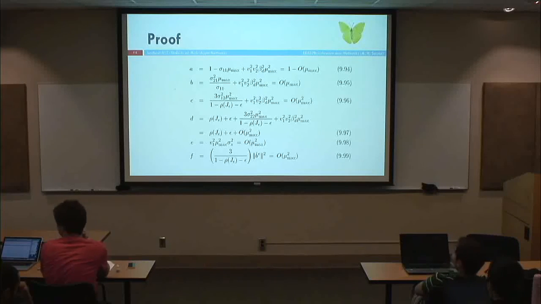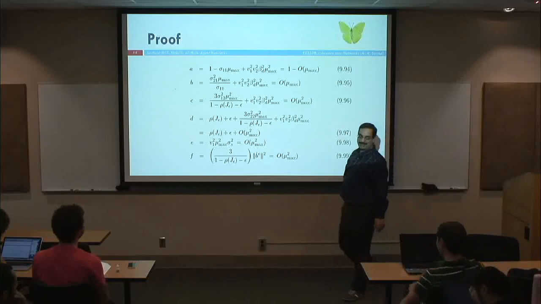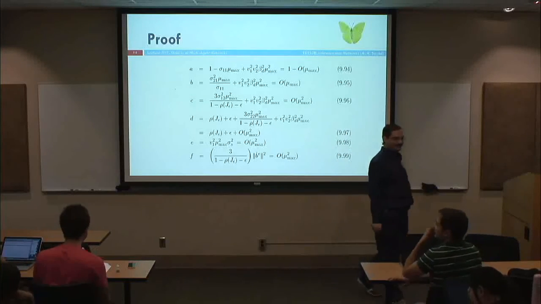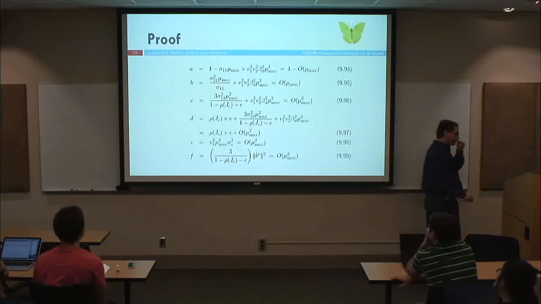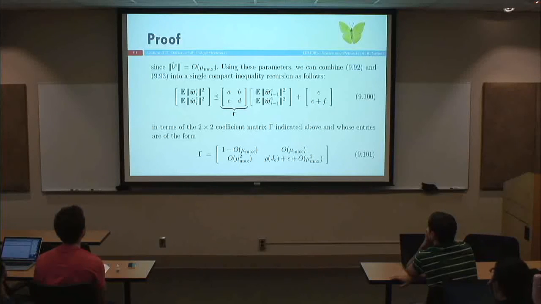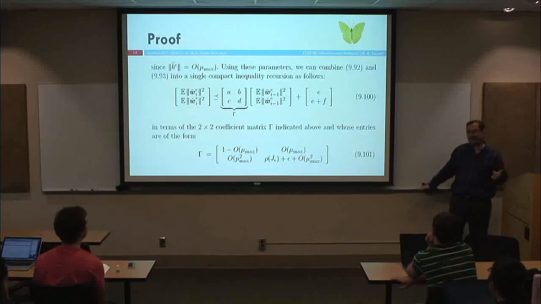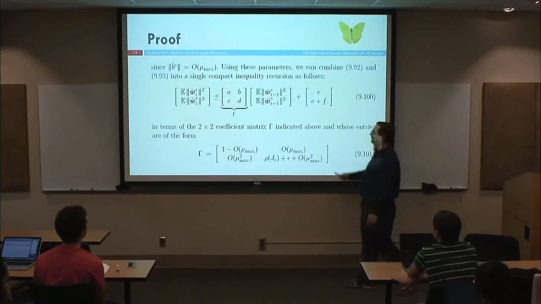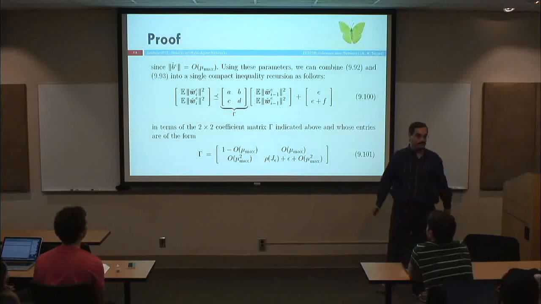Okay, when all is said and done, this is what you get. Forget about these expressions. This is what you get when all is said and done. This is a neater expression. I wanted to show you that one so that you will laugh. Okay, this is the ultimate result. This is what we proved.